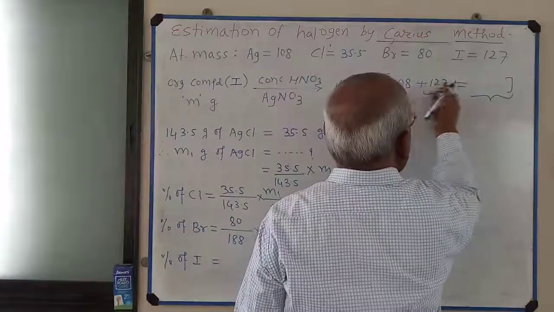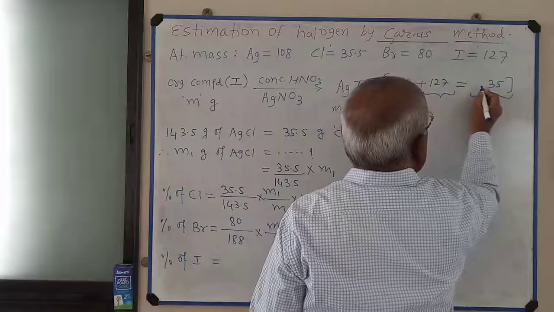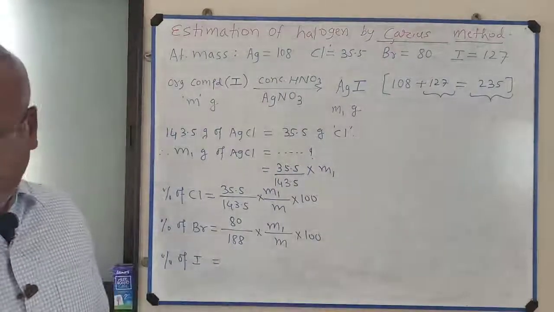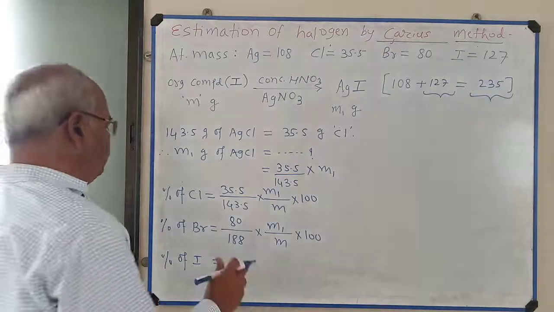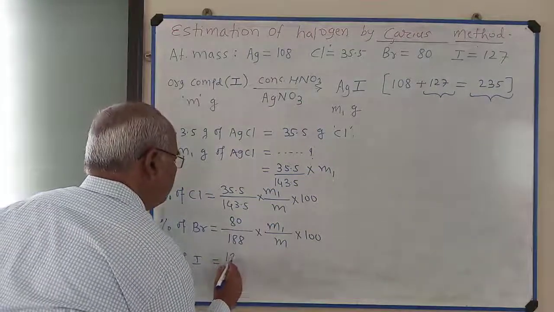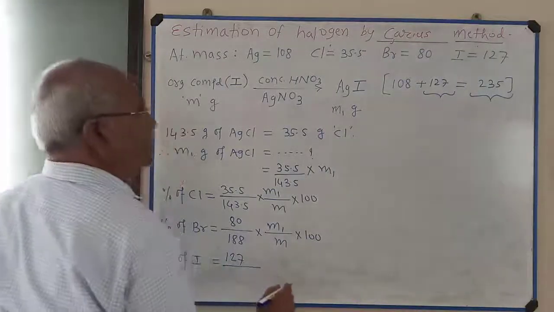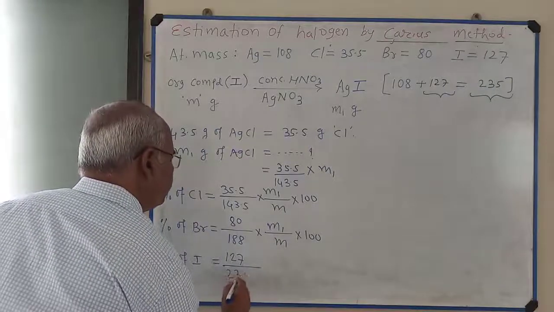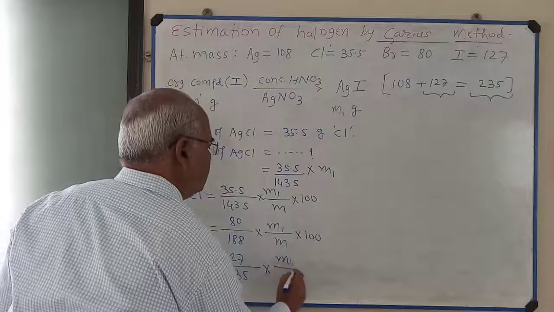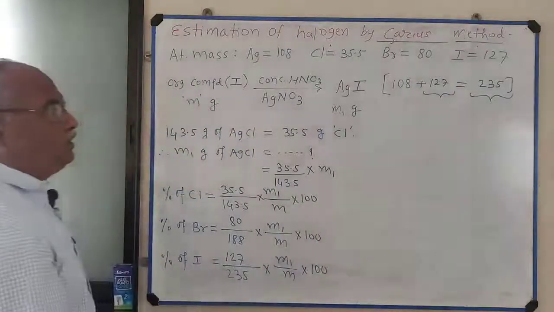Therefore, the molar mass is 235. So percentage of iodine is equal to 127 divided by 235 into m1 upon m into 100.